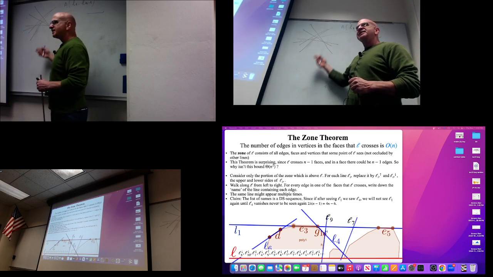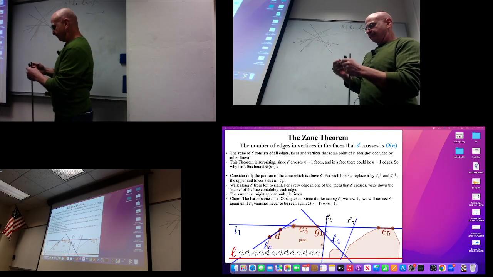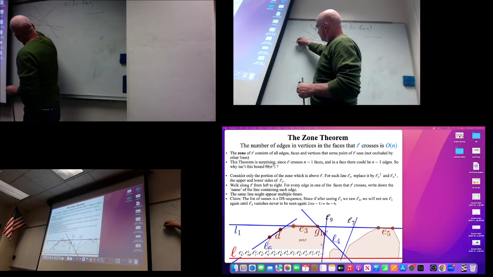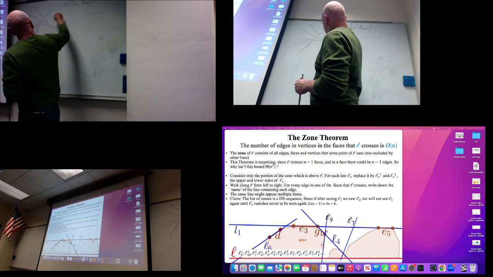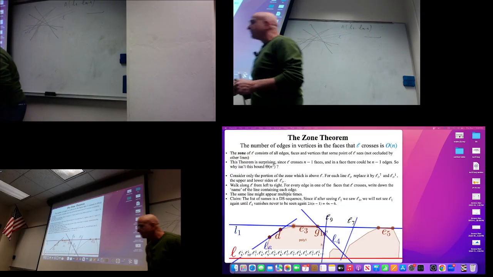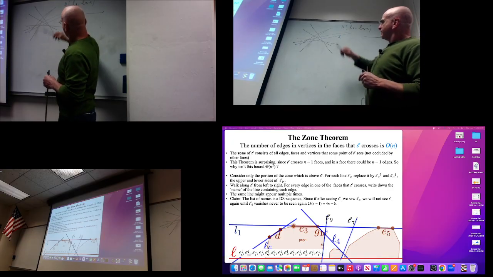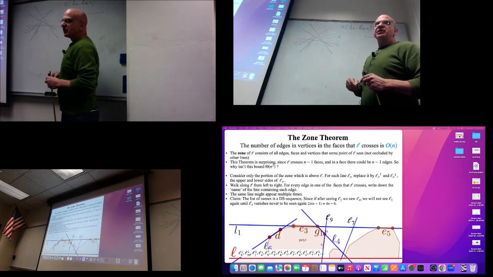I know what the faces are, I know what the edges are, everything is known about this arrangement. And at this moment, I'm inserting one new line, L, this line that probably I should have done in red for consistency, but I didn't. So here is L that is just entered.